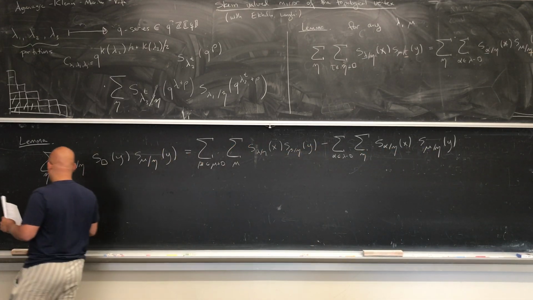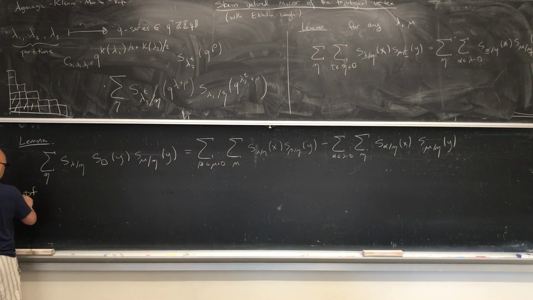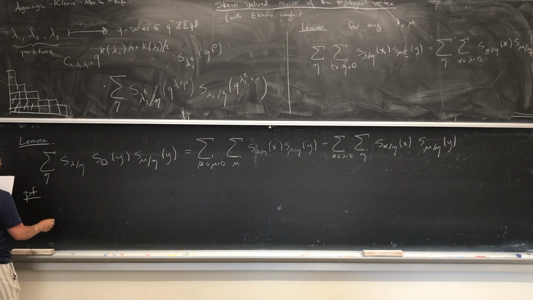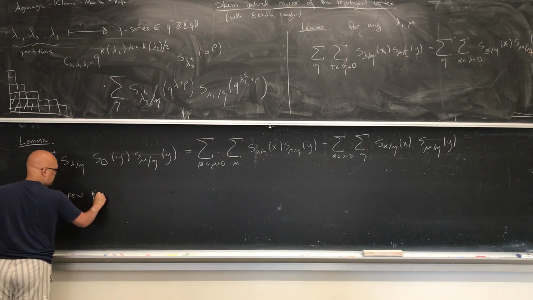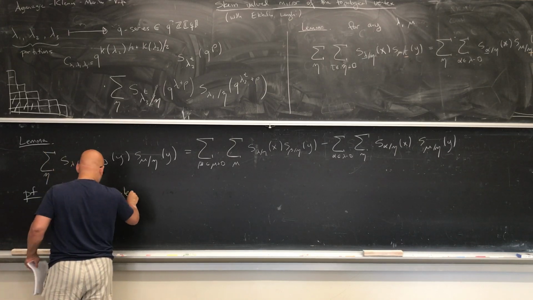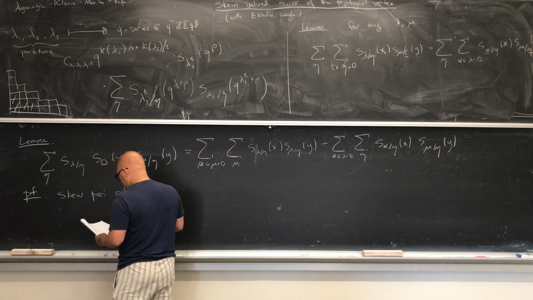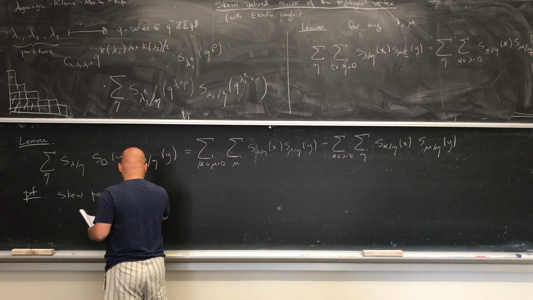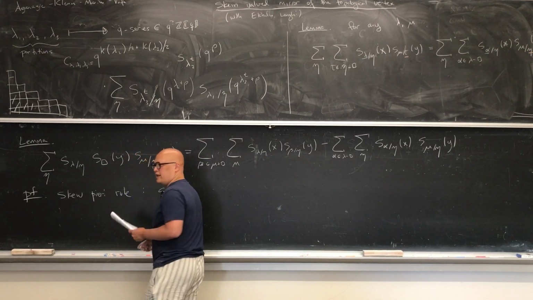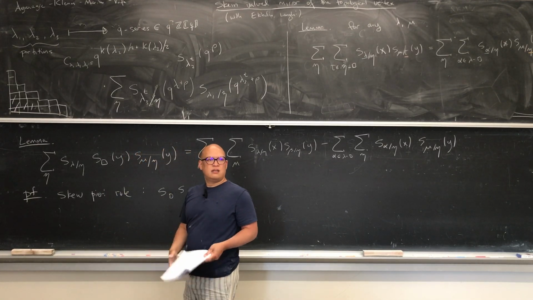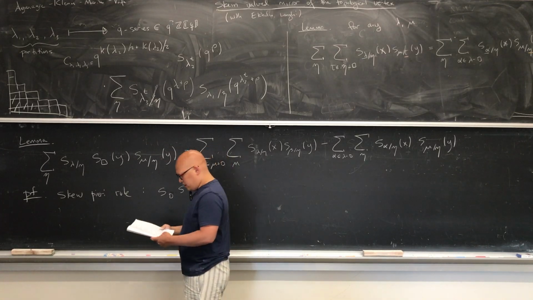And the proof of this formula is that there's something called the skew-Pieri rule. It's like the Pieri rule except for skew shapes. The skew-Pieri rule is kind of the key to deriving this recursion.